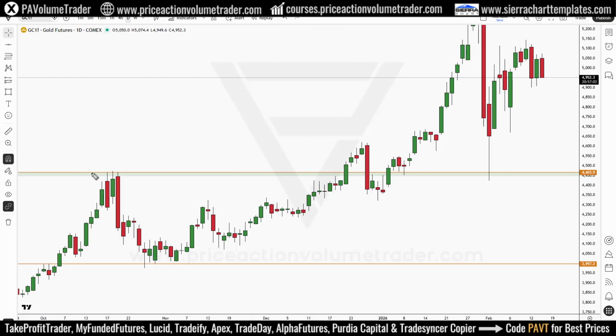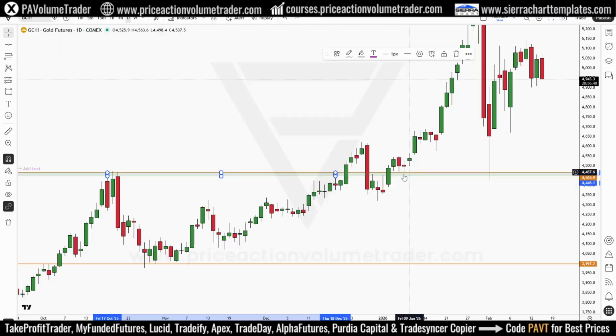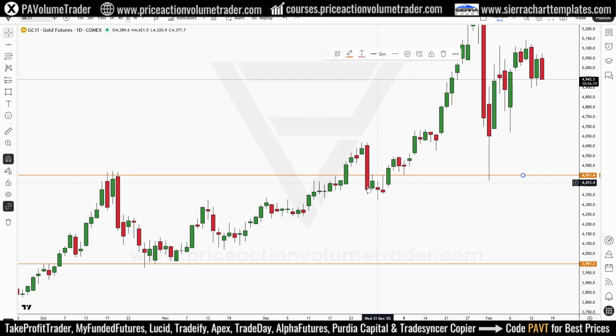You can see you have resistance, resistance, resistance, support, okay? For me, I just use the lines by themselves because I have my low volume nodes marked on the lower time frames. So I don't want to have a ton of drawings on my charts. But again, with a zone, you can capture more confluence of hits. What I would do here and what I have on the charts that we're using is I'm going to move this down to capture these wicks on the resistance side as well.